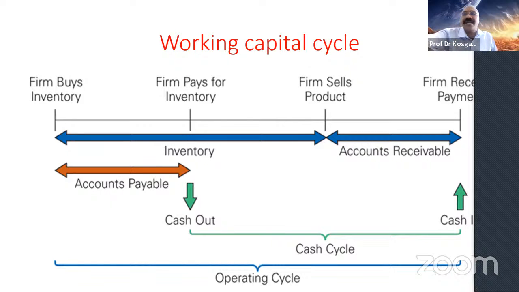But you have to pay the person from whom you purchased within 30 days, and you are getting the money after 100 days. That means after you pay your money, before you get money from your customers, there is a 70 days gap.